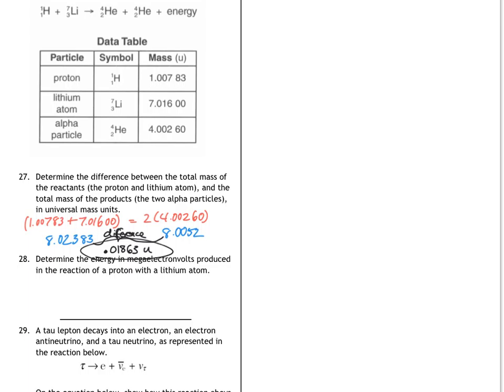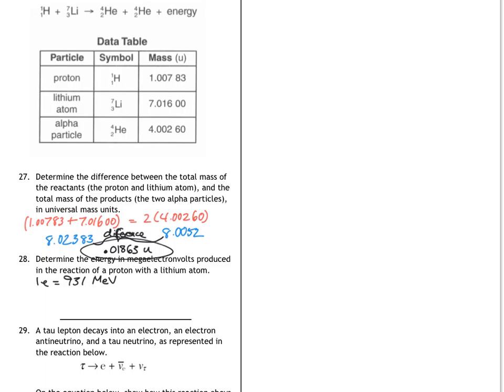Now, for the next question, they want us to take this answer in universal mass units and convert it into mega electron volts, and that's a conversion. Our reference table tells us that every universal mass unit has a mass of 931 mega electron volts in its energy equivalent. So we just need to do a pretty simple conversion to figure out how many electron volts this little mass up here is.